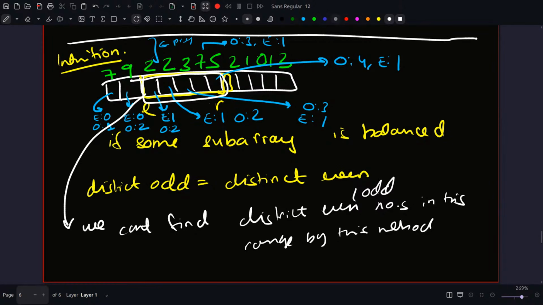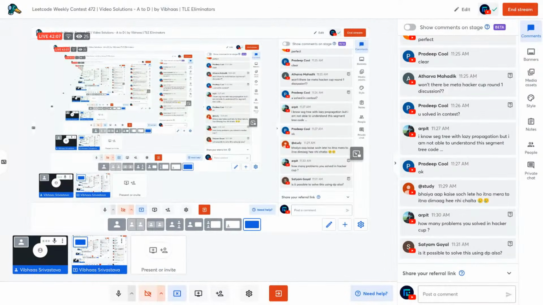The reason is that, for example, 7 appears here for the first time in this subarray, but because 7 had already appeared earlier, it is not being counted. The number has not increased. So we can't just do a prefix count of distinct numbers, right?